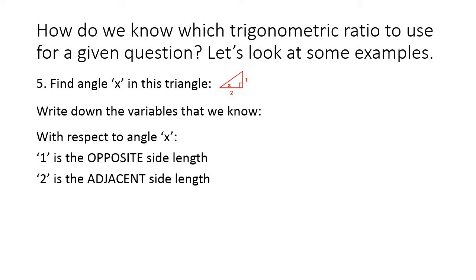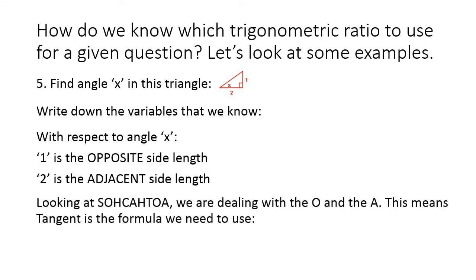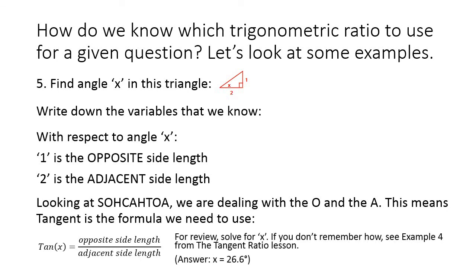So you're dealing with O and A, opposite and adjacent. Looking at SOHCAHTOA, you can see that O and A are next to the T. So that's the tangent formula that we'll need to use. Tan equals opposite over adjacent. And for review, solve for that x. If you don't remember how, please see example 4 from the tangent ratio lesson. And note that I've put the answer there to make sure that you can get the right answer.